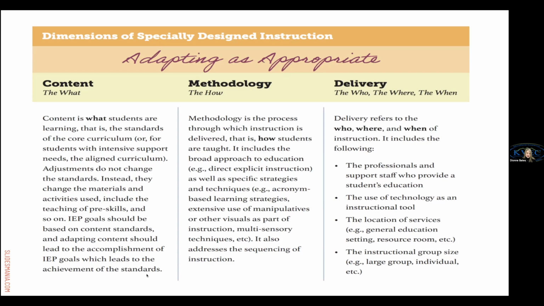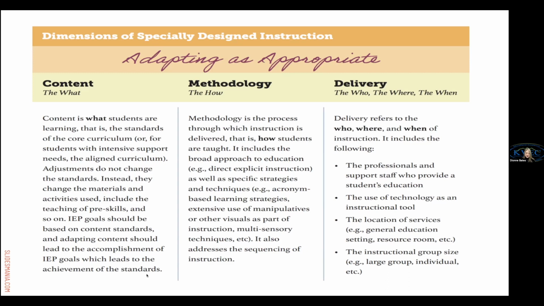The other thing that we do then is, we need to really think about the method. How do we teach students? So the method is how we deliver that instruction. And that's where we talk all the time about using direct instruction or explicit instruction. That is when we really focus on how we make sure that this child gets what they need.